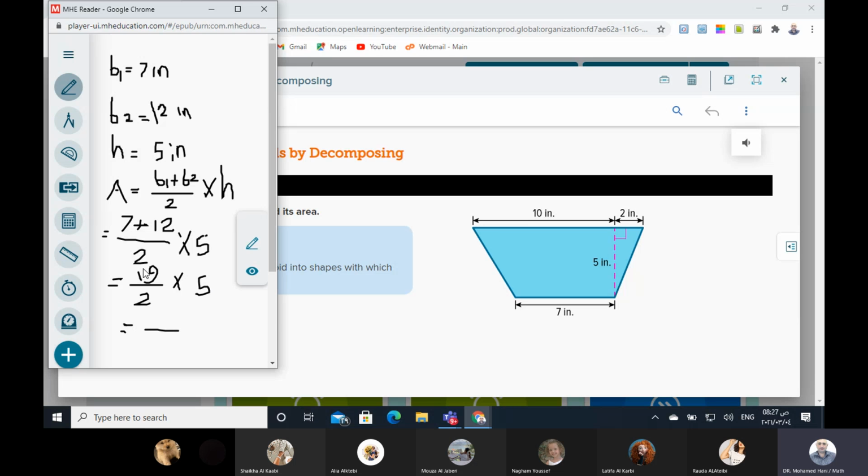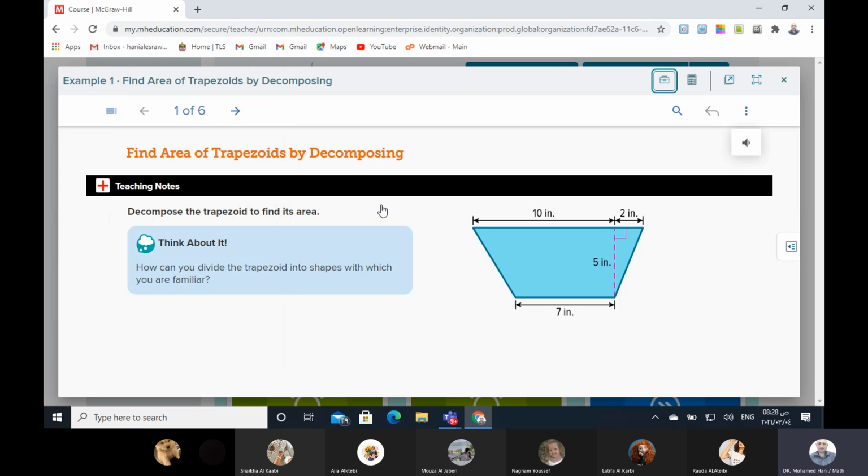Now 5 times 19 will be 95, divided by 2 will be 47.5, and the unit will be inch squared. So this is the area of the trapezoid.